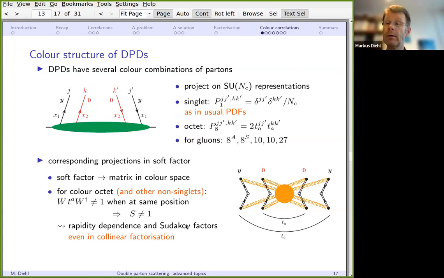So people who know TMD factorization know that you have these soft factors and that they describe Sudakov suppression. And the same thing happens here, even though you haven't measured any transverse momentum in the final state, but you have a transverse distance in the game because you have two partons that are sitting at a relative transverse distance.